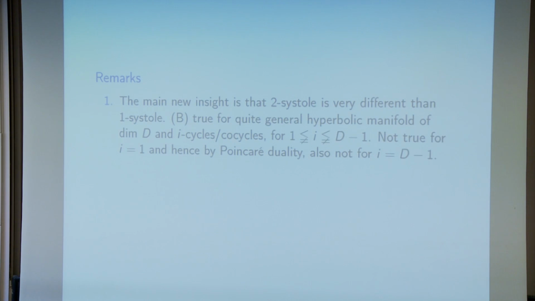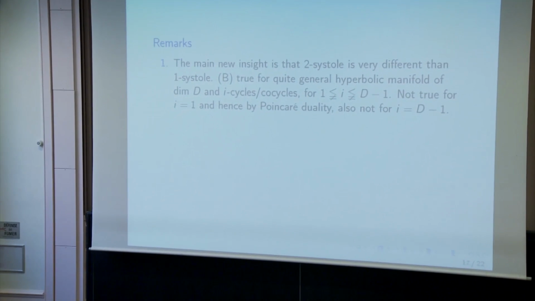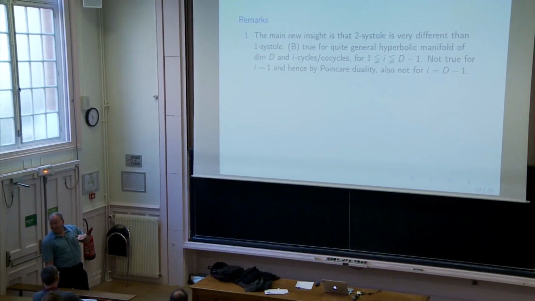The main new insight is that two-systole, I mean not systole over F2, but systole of dimension 2, namely the homology or cohomology of dimension 2 and up, behaves very differently than dimension 1.